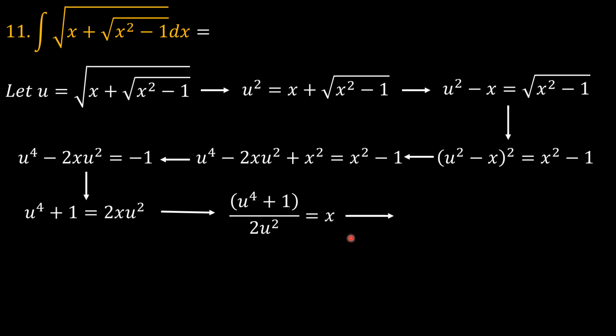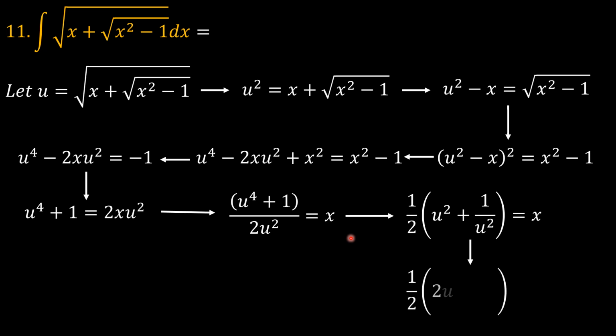You may as well go ahead and divide the individual items in the numerator by 2u squared. So we have half times u squared plus 1 over u squared equals x. Differentiating both sides with respect to x, we have a half of 2u minus 2 over u to the power 3, du dx equals 1.